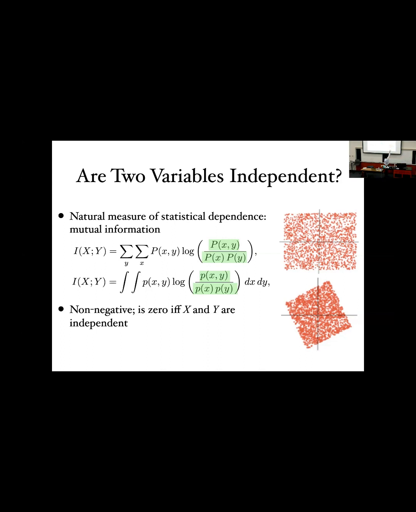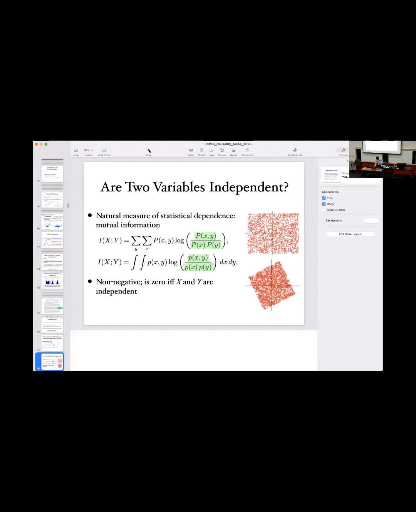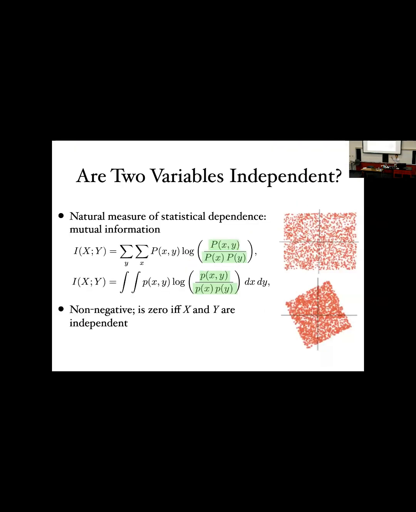This is X, this is Y. So if they follow a uniform distribution right here, do you think they are independent?